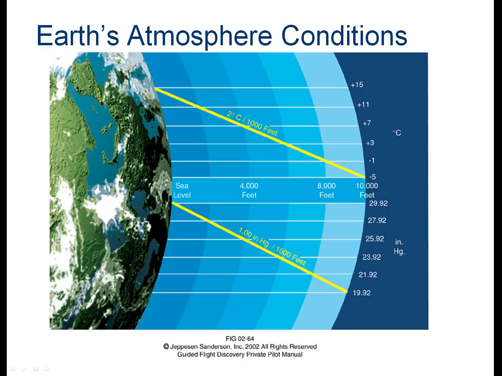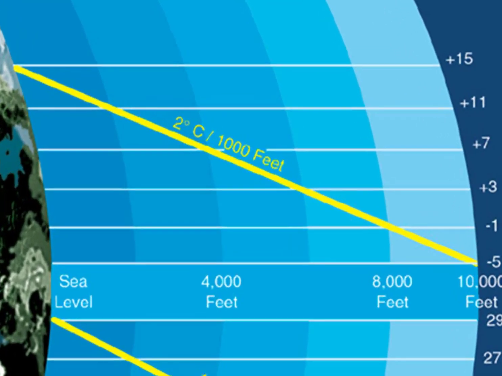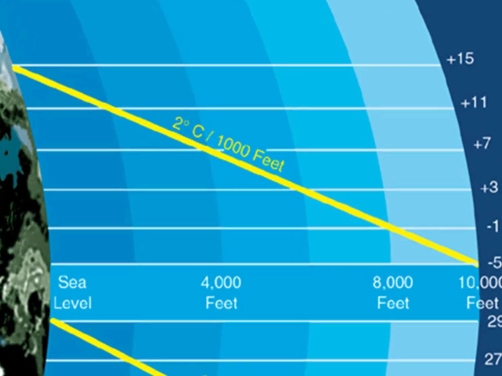Now, if we were to look at the Earth's atmosphere, and we're going to go out to 10,000 feet, but this extends pretty close, the same relationship, all the way to 36,000 feet. And what we would see is a relatively linear lapse rate. And that lapse rate, or that decrease in temperature as I climb, is 2 degrees centigrade per 1,000 feet.